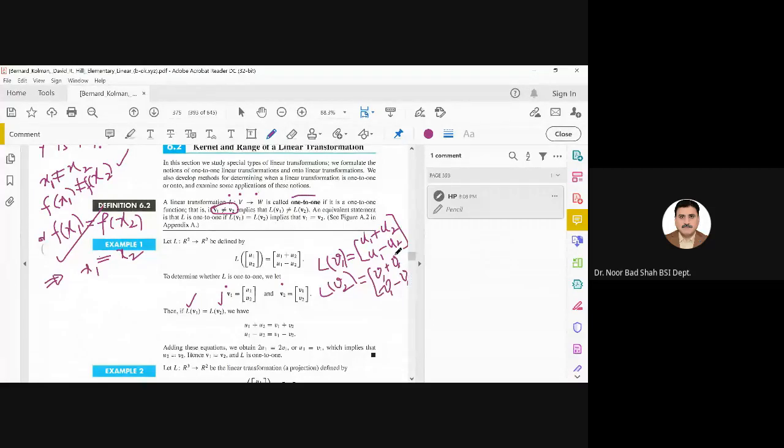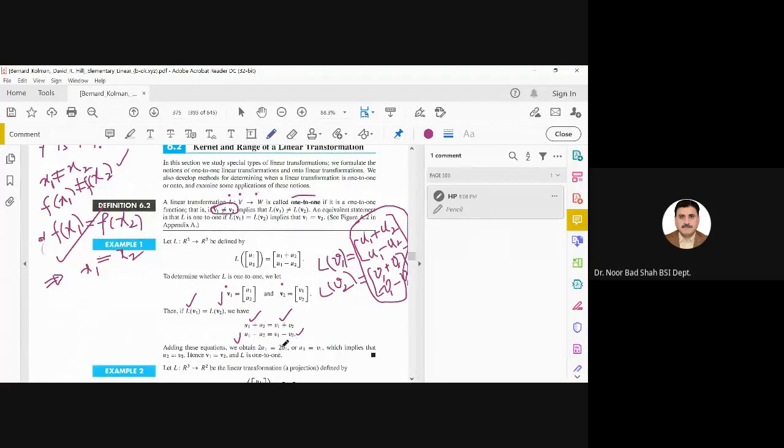Okay. So if L of V1 is equal to L of V2, it means these two vectors will be the same, so the corresponding components will be the same. The first component is equal to the first component of the second, and the second component should be the same as the second component. Now if you solve these two, U1 plus U2 is equal to new 1 plus new 2.